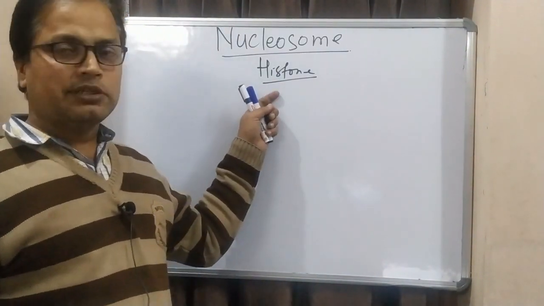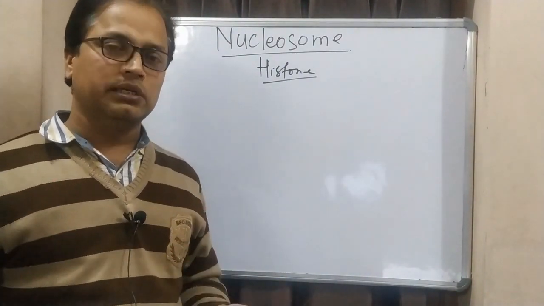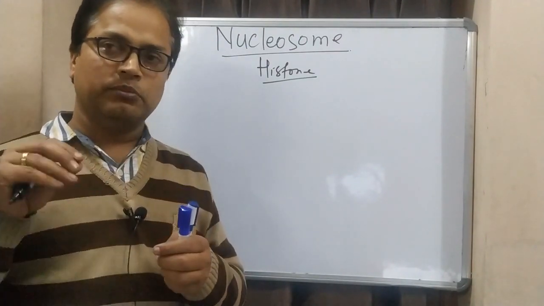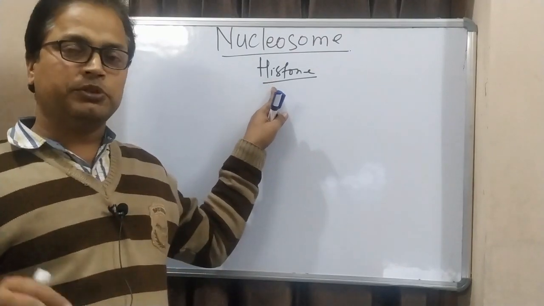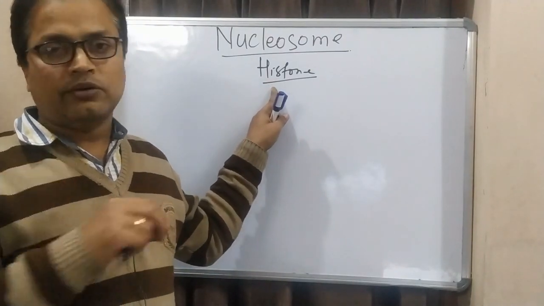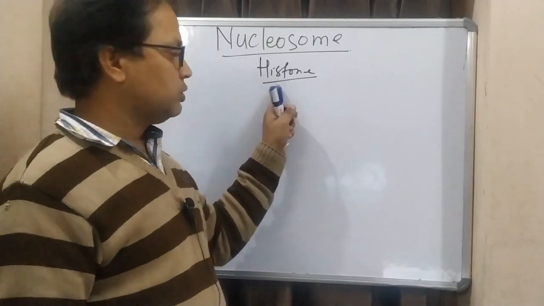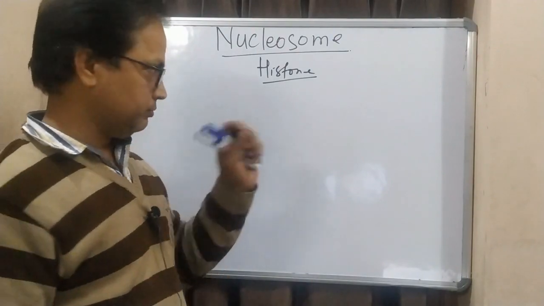In eukaryotic cells, because our DNA is very big, we need to arrange our DNA in a proper manner so that it will be accommodated into the nucleus. So that's why nucleosome is present only in eukaryotic cells, not in prokaryotic cells. And because of this, histones are present only in eukaryotes, not in prokaryotes.